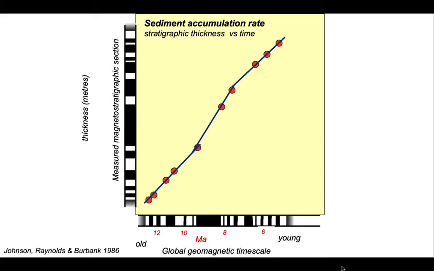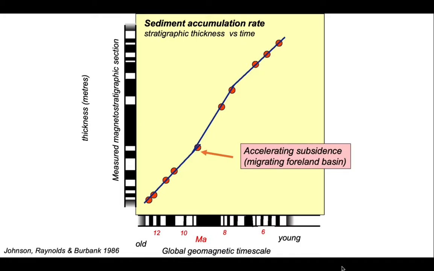So let's just interpret it. Let's deal with the older inflection point here, and as sedimentation rate has increased, we can infer that this represents an accelerating subsidence in our foreland basin. In other words, the orogenic load is migrating towards this part of the basin at this time, which is about 9.5 million years ago.